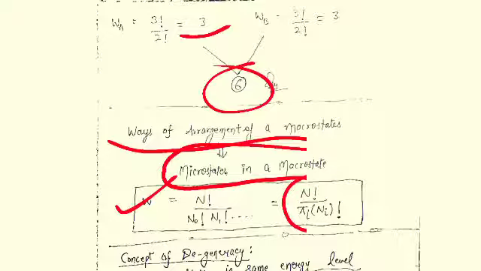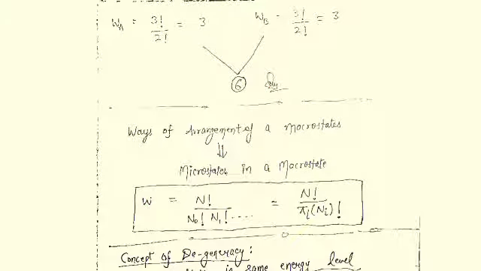Ni means number of particles in each energy state of a particular macrostate. So we find out the microstates for one particular macrostate, and then finally we add all those microstates to get the number of microstates for the numerous macrostates.